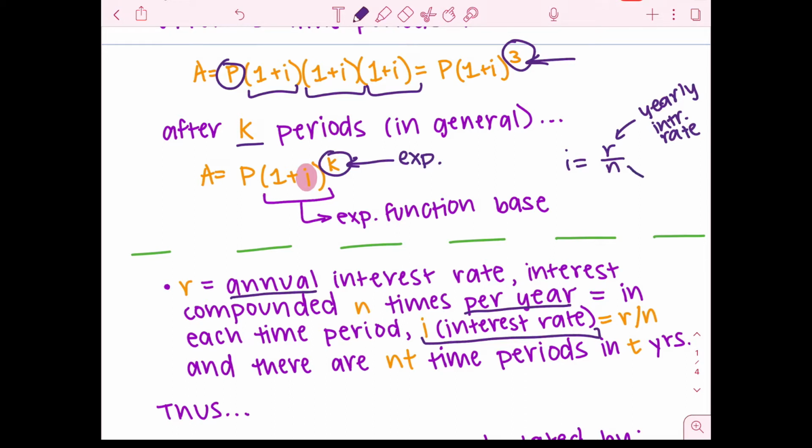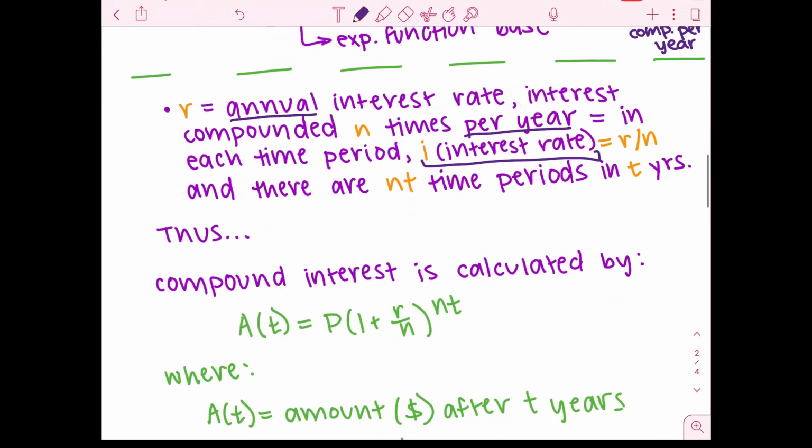And then our N is the number of times our interest is compounded per year. Okay, so this is what we are replacing our I variable with. So I is equal to R divided by N.